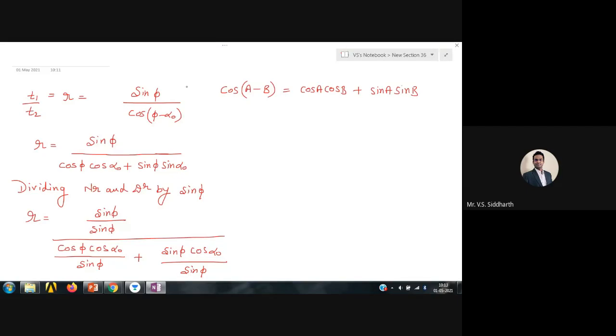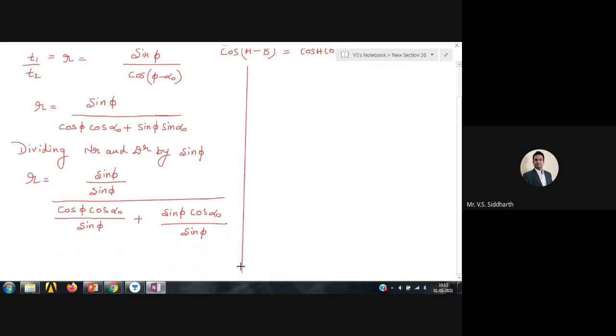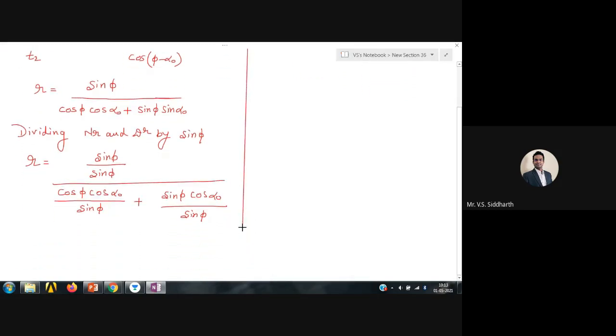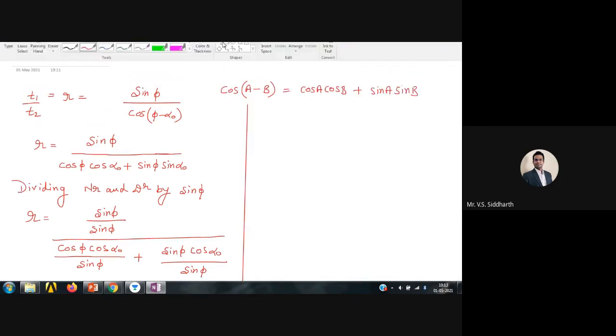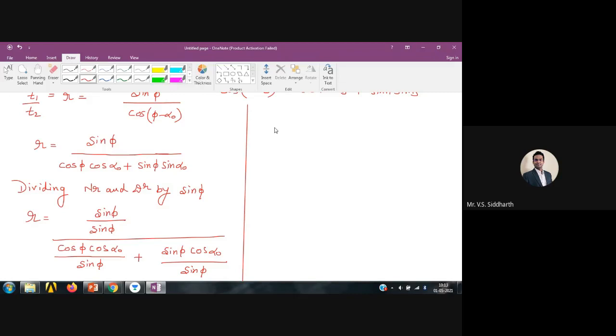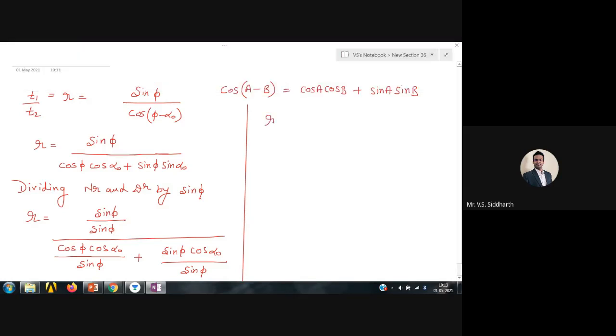So R equals, this sin phi and this sin phi will get cancelled and I get 1 divided by this: cos phi by sin phi becomes 1 upon tan phi, so cos alpha naught upon tan phi.